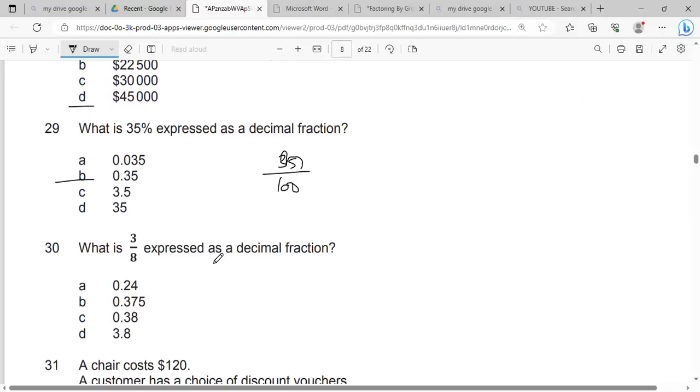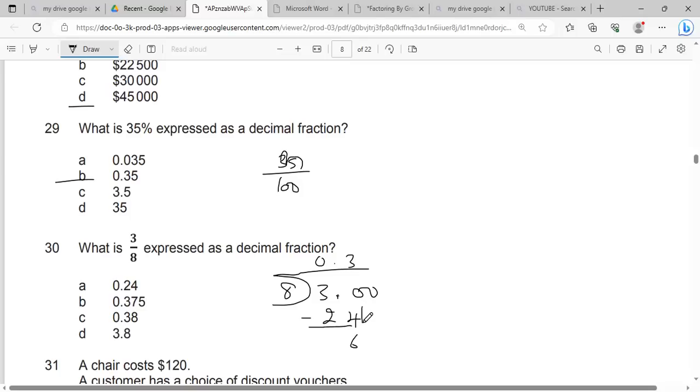All right, what is 3/8 expressed as a decimal fraction? We are supposed to divide 3 by 8. I've done this before on a CSEC paper, so I kind of know the answer is B, but let me show you the working. 8 into 3, you can't. 8 into 30 goes 3 times, 3 8s are 24. So we subtract now, remember, that's what the rule says. This gives us 6.